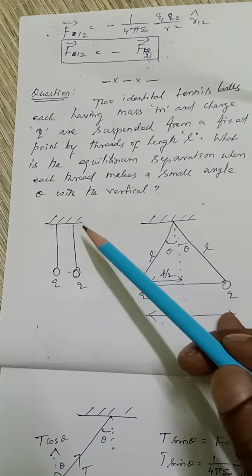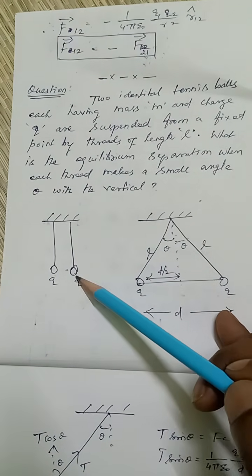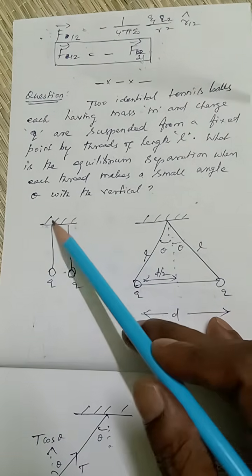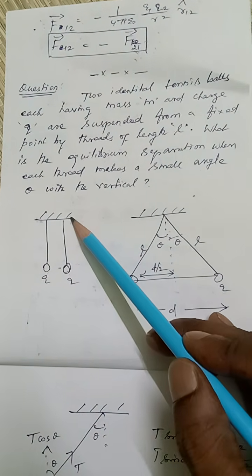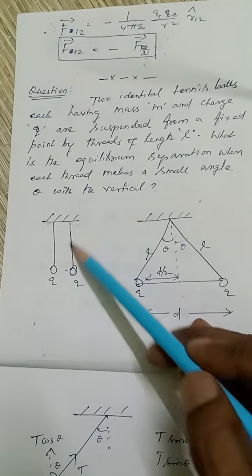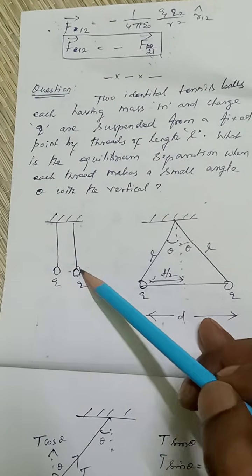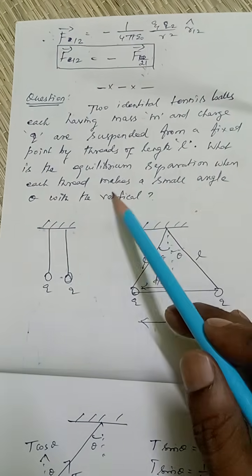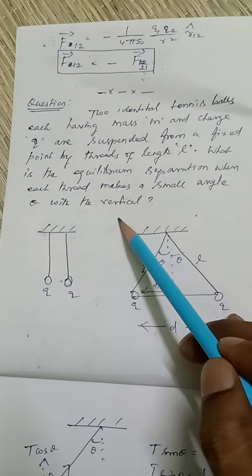What is given? Two identical tennis balls are suspended from a fixed point by thread of length L. These are threads of length L. These are tennis balls.